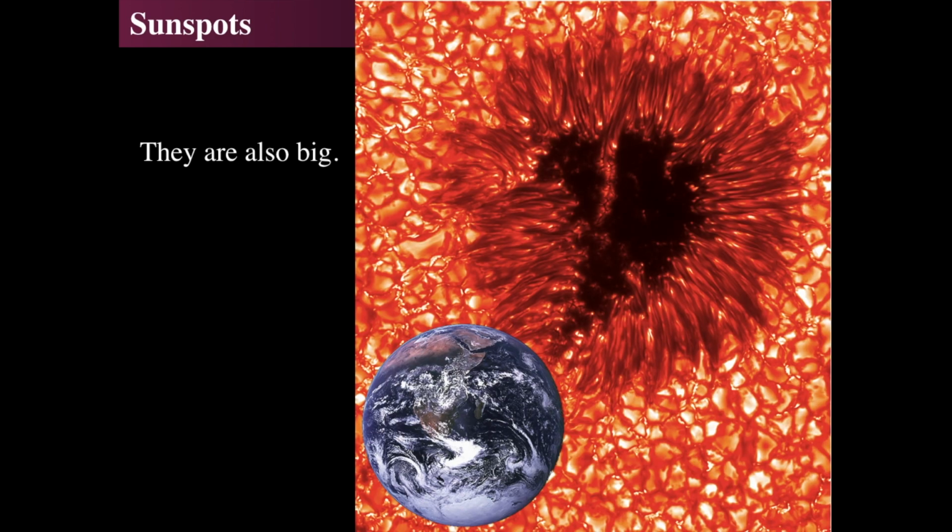Also, sunspots are enormously large. Most of them are larger than the Earth, and some can be even larger than Jupiter. Sunspots can be catastrophically large in size, and to see that they move and change and alter their appearance rapidly is really very interesting.